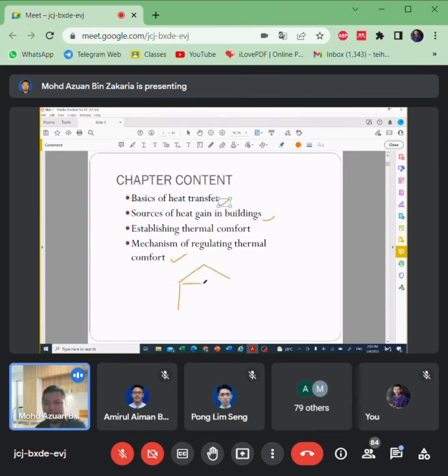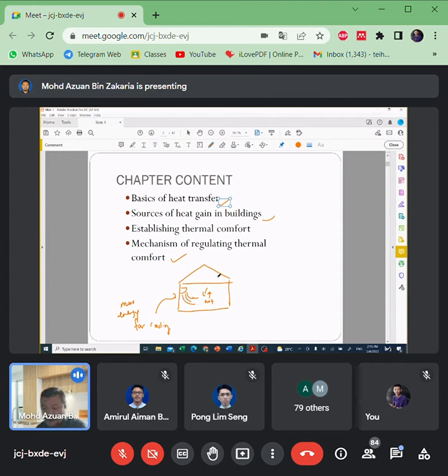Imagine this is a cross section of a simple building, right? One of the recent technologies is air conditioning for building cooling. But if the indoor condition becomes too hot, we need more energy for cooling.